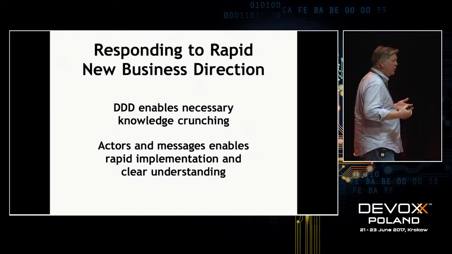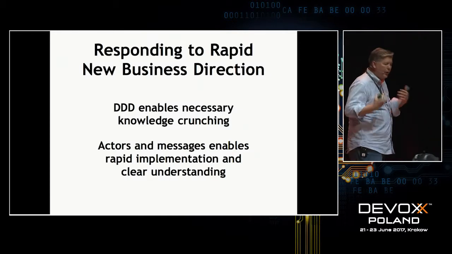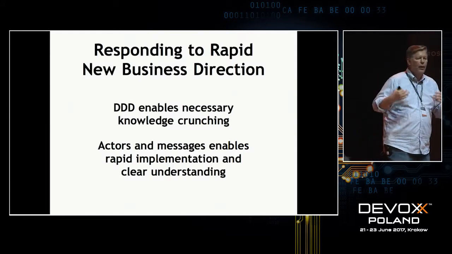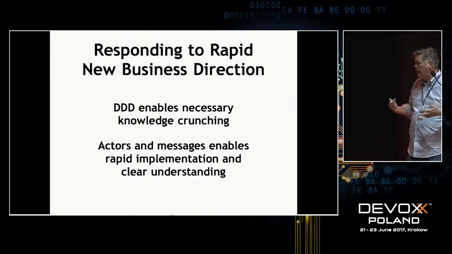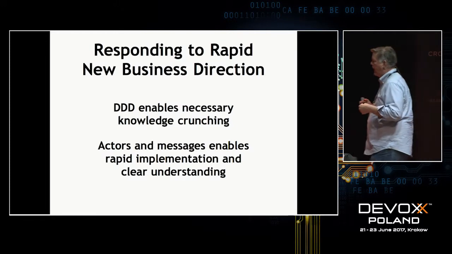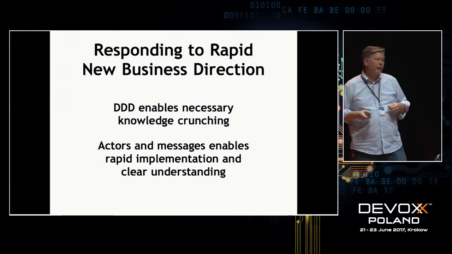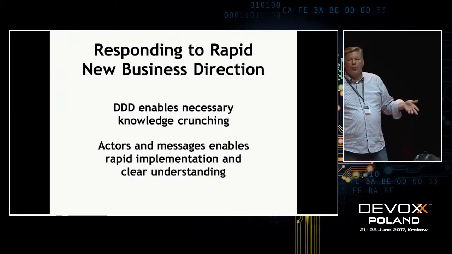And as we tame the complexity of these, we're doing so through knowledge crunching. We're learning every day about what the business needs in order to succeed, and not only to succeed, but actually to be prominent in the direction of their business. And actors can allow us to make rapid progress on this.